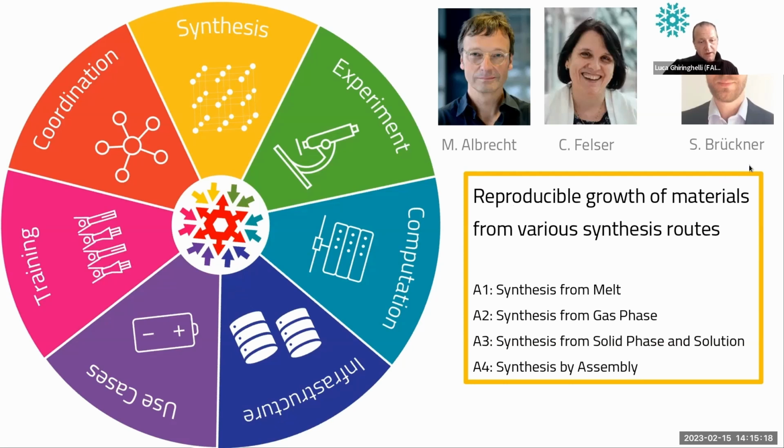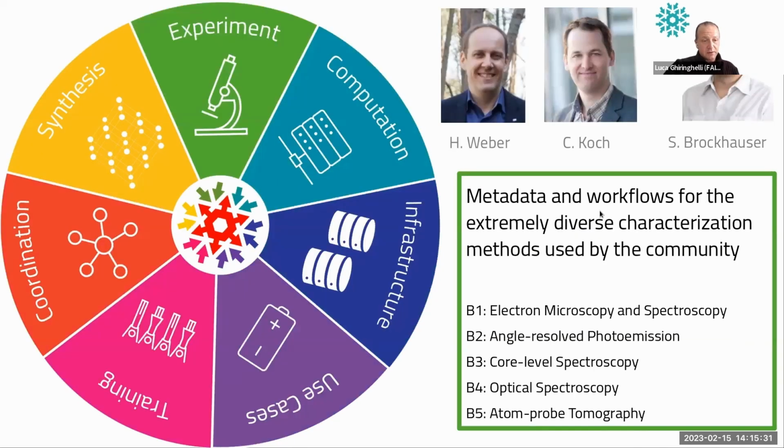So we have an area dedicated to synthesis data with a few tasks, with the different synthesis routes. We have an area dedicated to experiments with initially identified five different experimental techniques, whose data would be verified.